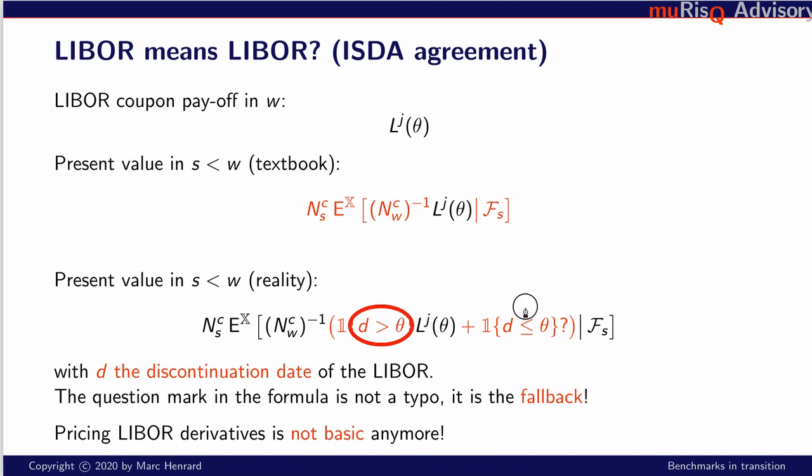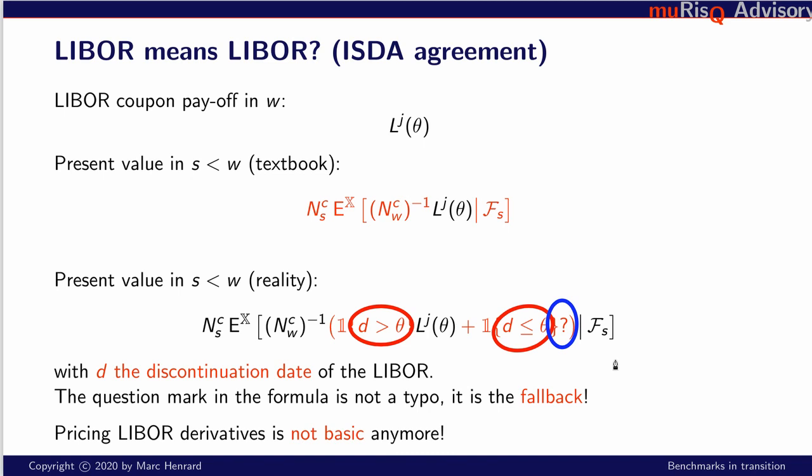Now, if the discontinuation is before the fixing, so if at the moment where you have to look at the rate, it does not exist anymore, what will happen? That we don't know. And that's why in this formula, I've put in that blue circle a question mark. It's not a typo, it's really that we don't know what will happen.